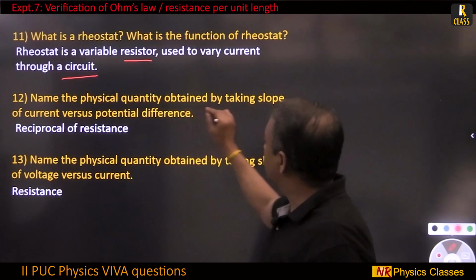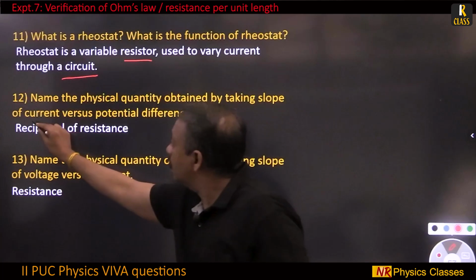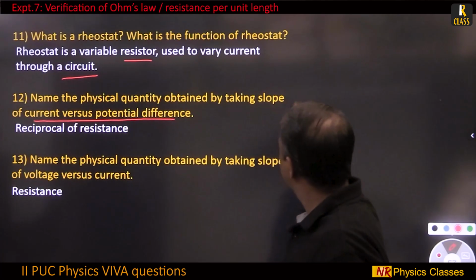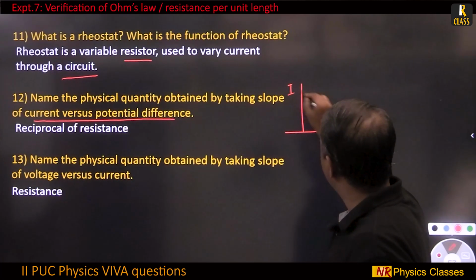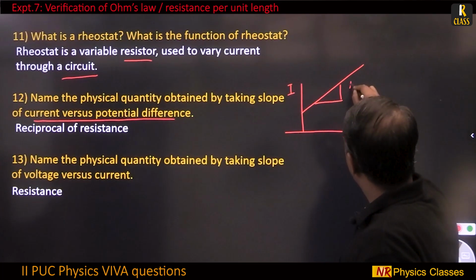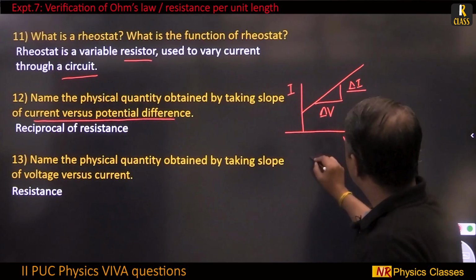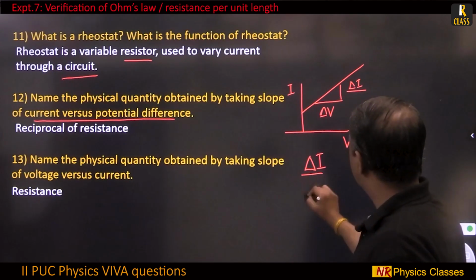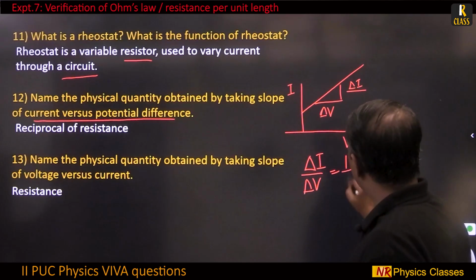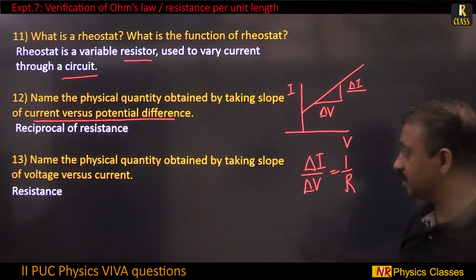Name the physical quantity obtained by taking the slope of current versus potential difference. In the graph of current by potential difference, there is a slope delta I by delta V. So delta I by delta V is the reciprocal of resistance. If it is current by voltage, it is the reciprocal of resistance.